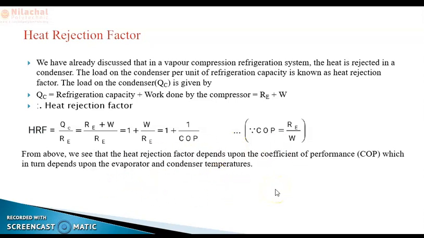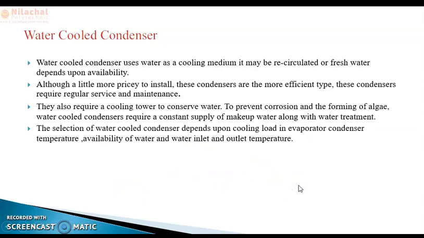Let's come to the water-cooled condenser. Just now you have completed the air-cooled condenser, where the cooling medium is air. The water-cooled condenser uses water as a cooling medium, and that water may be recirculated or fresh water, depending upon availability.